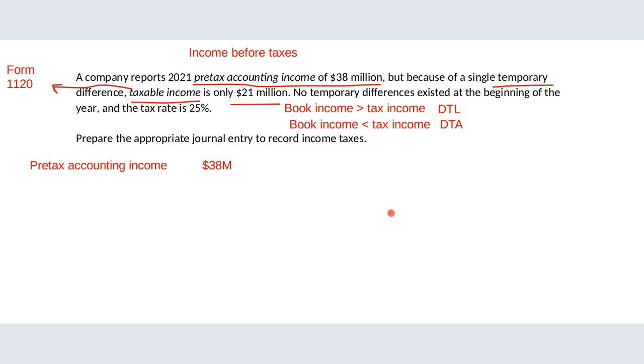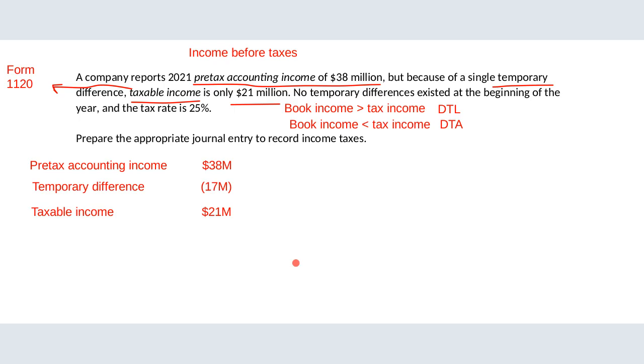We're talking millions, 17 million. And we arrive at our taxable income of 21 million. Now taxable income, we use it to calculate our income tax payable. They told us the rate is 25%.